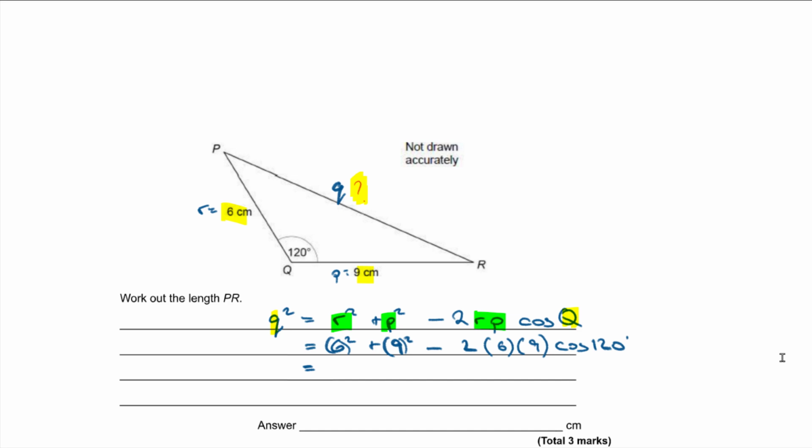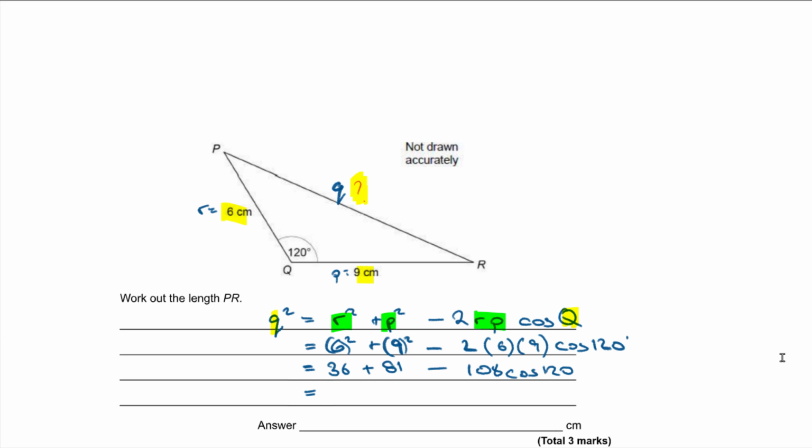So for instance, I'm not going to make a mistake with 6 squared. I know it's 36. I know 9 squared is 81. I know that 2 times 6 times 9, 6 nines I know is 54, double is 108. So this is not complicated maths for me. I can just write it down really quick. Whereas if I was keying all that into the calculator, I could easily make a keying error. Okay, so I'm more confident with my mental maths than I am with my tappity-tap skills.